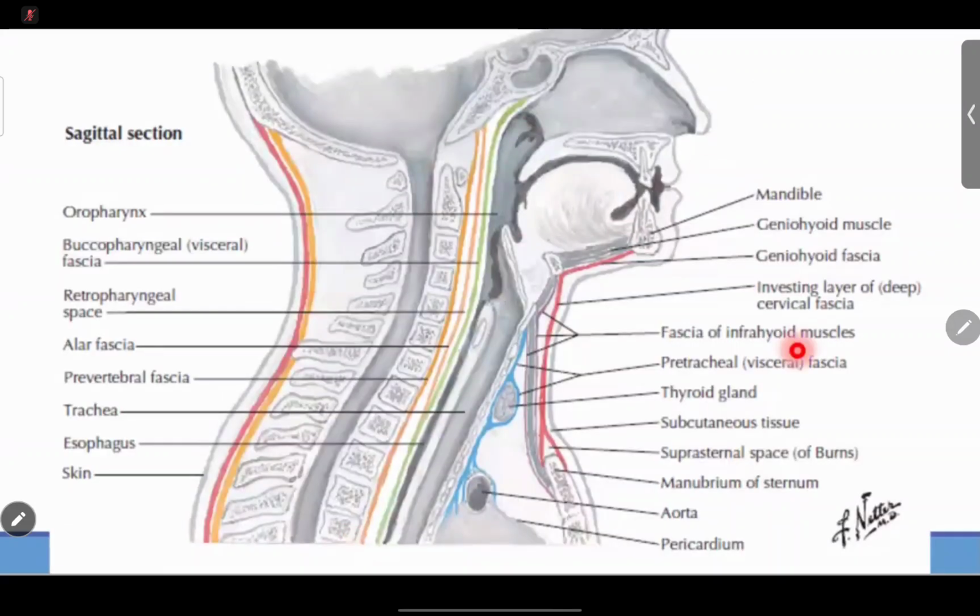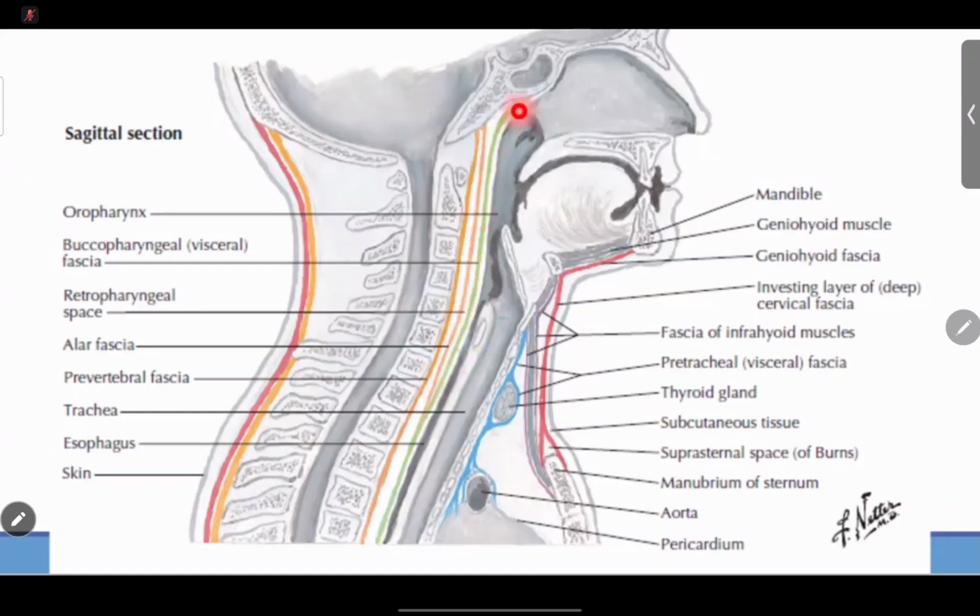Here is another sagittal cut of your neck to show the different spaces. This is another view of the different fascial planes. Remember the alar fascia, the prevertebral fascia, and your buccopharyngeal or visceral fascia.